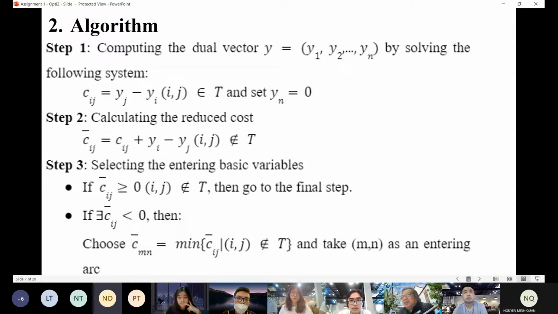It's like the linear programming. If you want to talk about the algorithm for solving linear programming, first of all, you have to choose a feasible solution. And from that feasible solution, you can improve to get the better one. Is that okay?